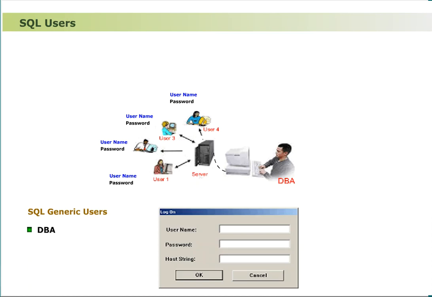DBA, the username is system and password is manager. Generic user, the username is Scott and password is Tiger. However, the SQL user on PC may create new DBA, then may create many users.